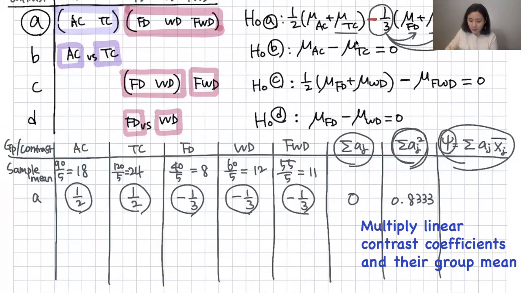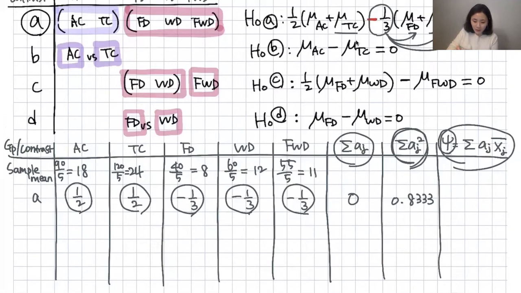We need to multiply the linear contrast coefficients times the group means. So we need to multiply 18 times 1/2, 12 times 1/2, 8 times negative 1/3, 12 times negative 1/3, 11 times negative 1/3.